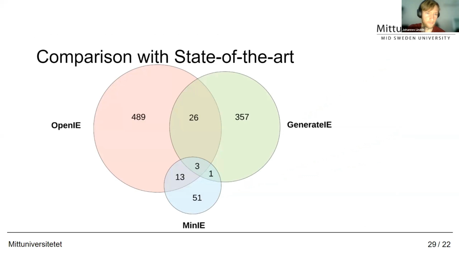And if we look at the investigation instead, here we have a bit fewer triples that we have evaluated, and we can see it's the same kind of distribution, that OpenIE has more found triples than GenerateIE and MinIE, and there is even less overlap between them.